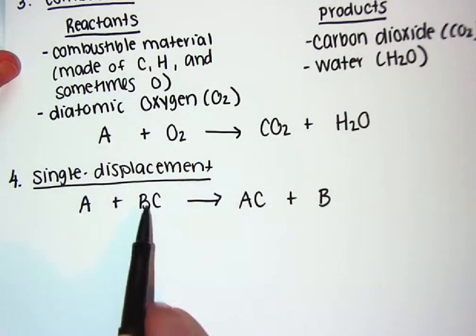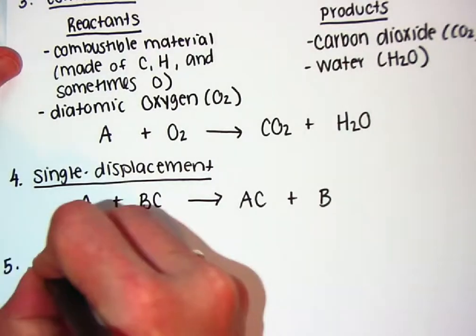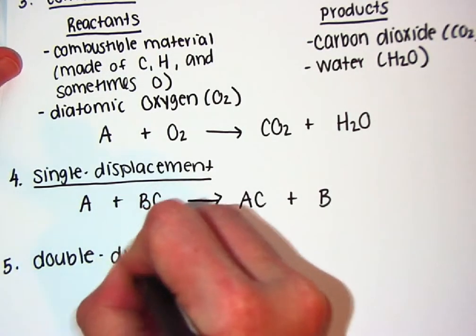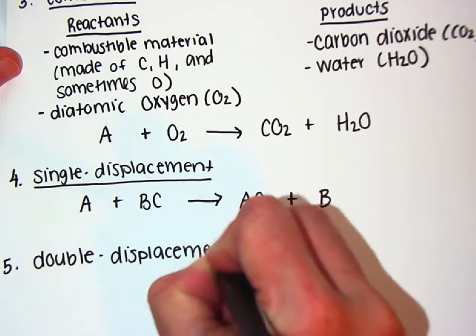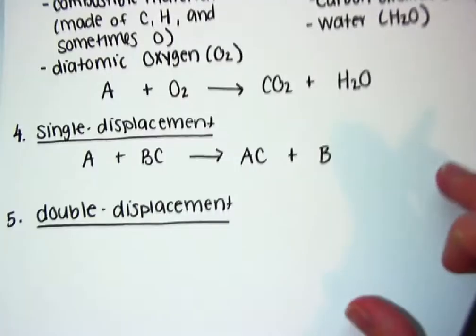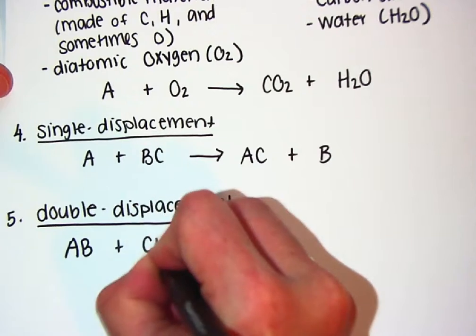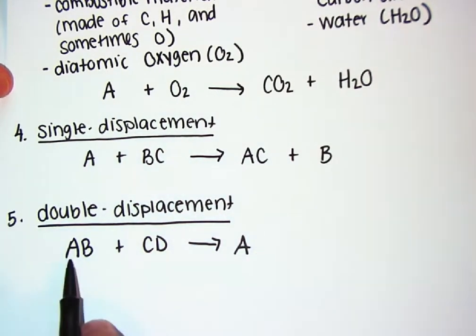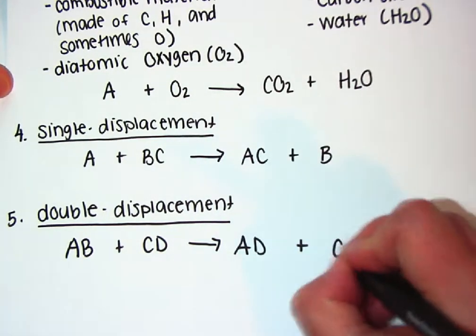A comes in and displaces or replaces B. We can also have a double displacement or double replacement reaction, where we have two ionic compounds reacting. The cation from the first will bond to the anion of the second, and vice versa.